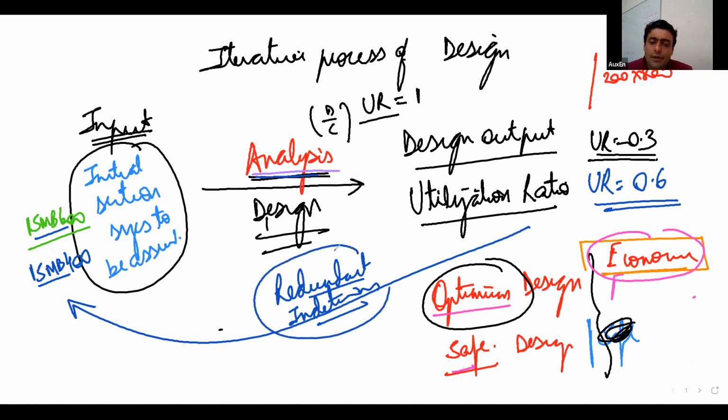So when I change the size from ISMB 600 to ISMB 400, I have altered the stiffness, so the analysis outputs will change.